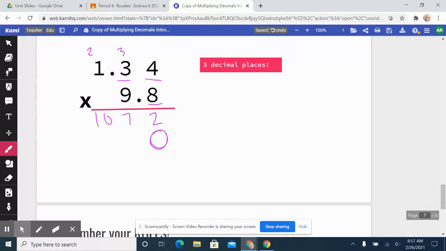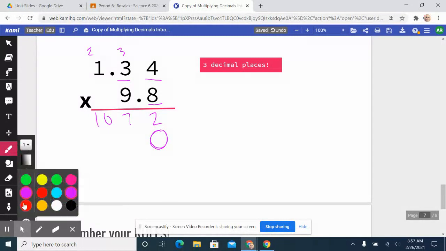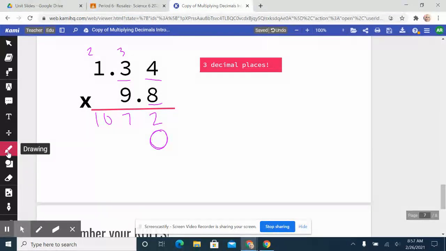All right, so now I have 9 times 4, right? So that's going to be 36. So I'm going to use a new color because I don't want to be confusing. Okay, so 36, right? Now I'm doing the 9 times the 3 plus the 3. And I'm going to get, let's see, 30, right? And then 9 plus the 3 is going to be 12.